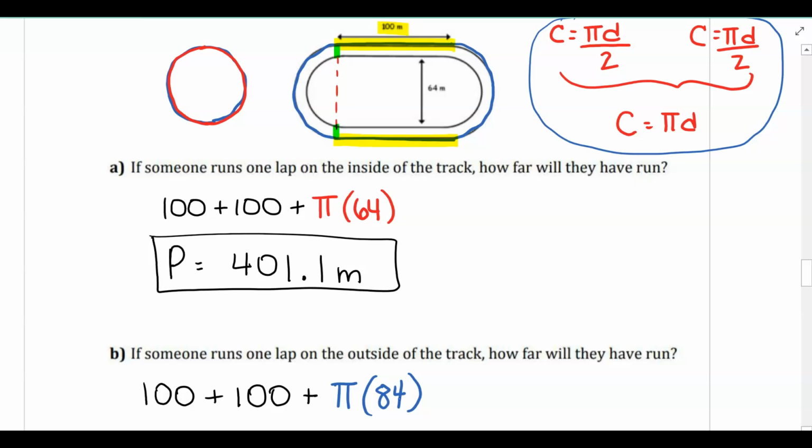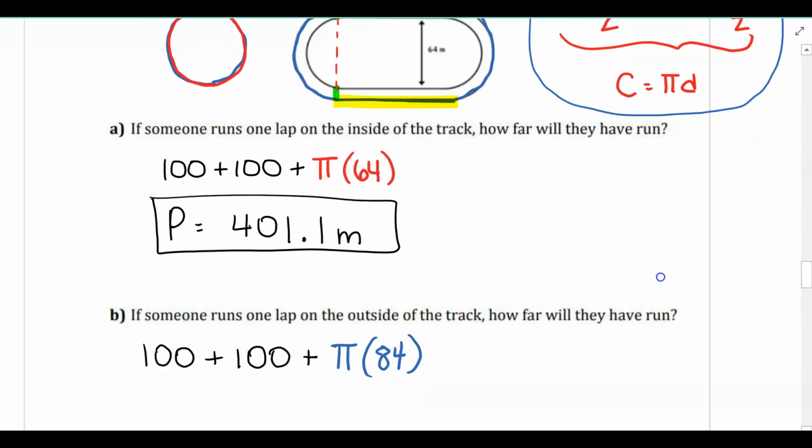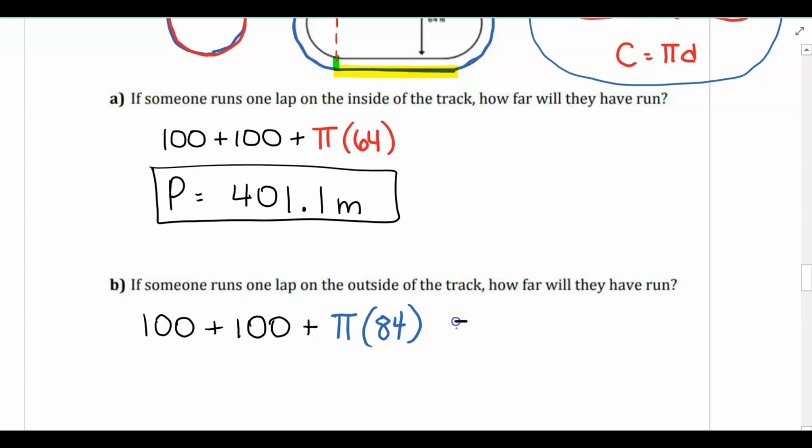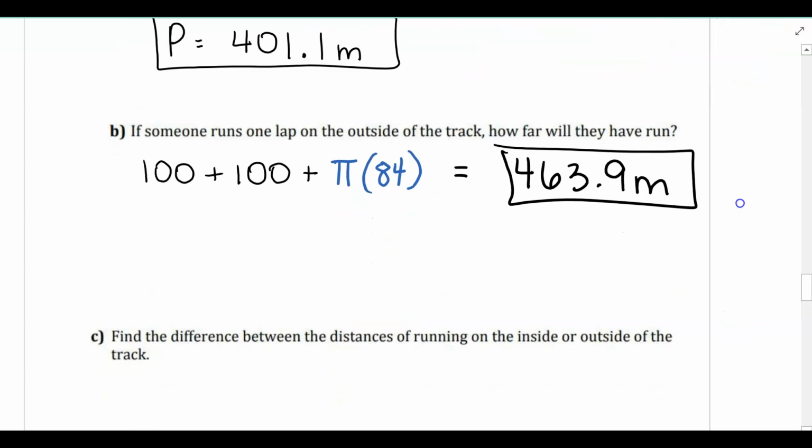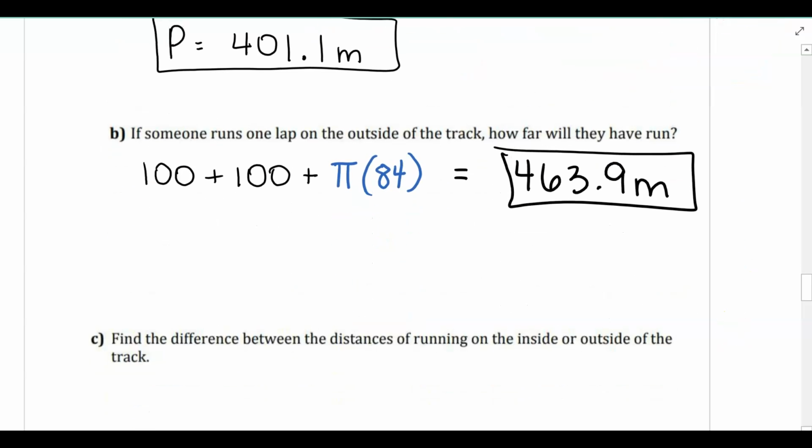So we have 100 plus 84 pi this time. And we find that our perimeter is approximately 463.9 meters.